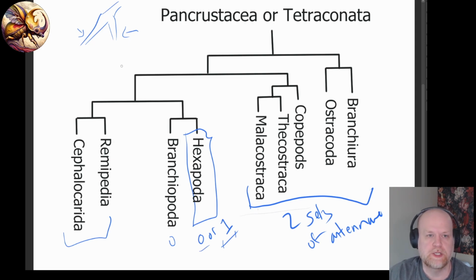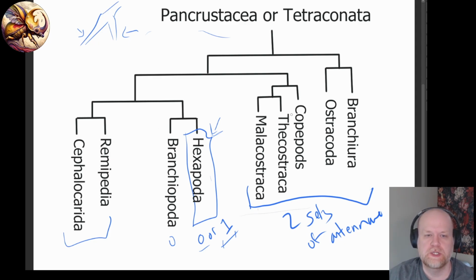The crustaceans have 3 body segments: the head, the thorax, and the abdomen, but sometimes the head and the thorax are fused together into a cephalothorax, so sometimes they only have 2 segments. The crustaceans have gills, whereas the insects and the hexapods usually have a tracheal system, although they may have secondarily evolved gills. And generally speaking, the crustaceans have oxygen-carrying pigments in their blood, whereas the insects generally do not.